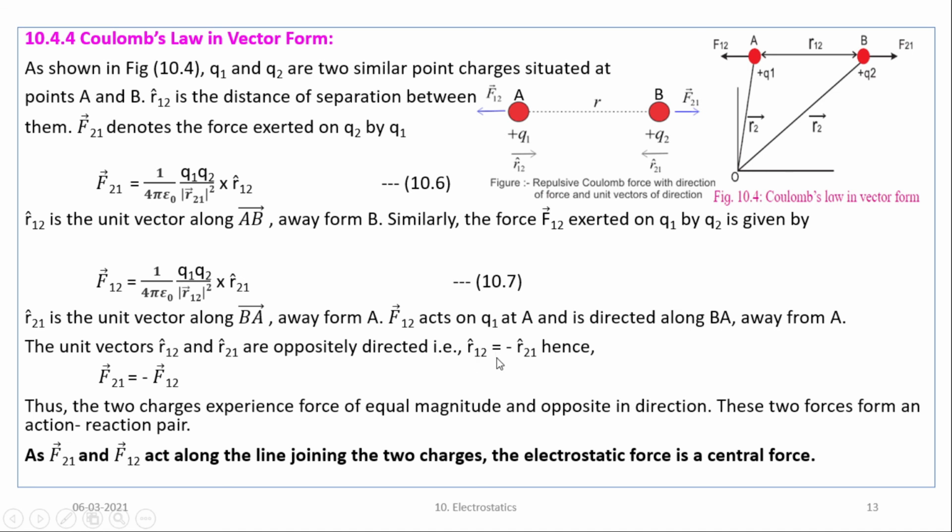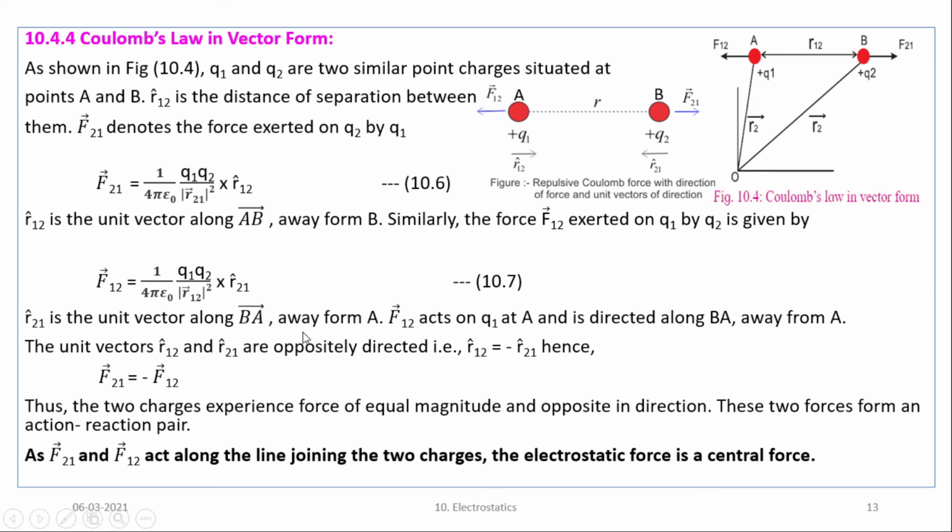So R12 cap and R21 cap are unit vectors in opposite directions. So we can write R12 cap is equal to minus R21 cap and we get the forces F21 bar is equal to minus F12 bar.